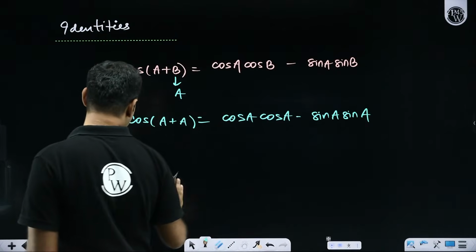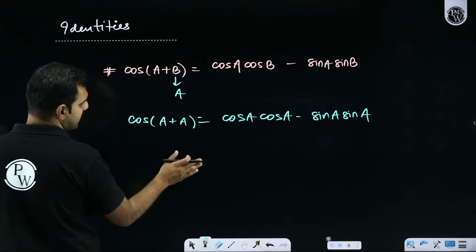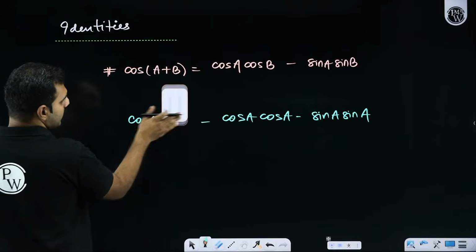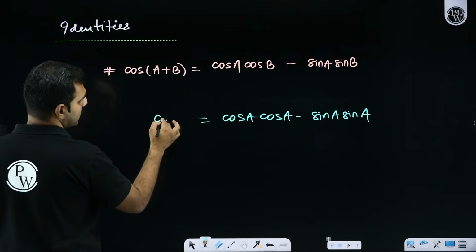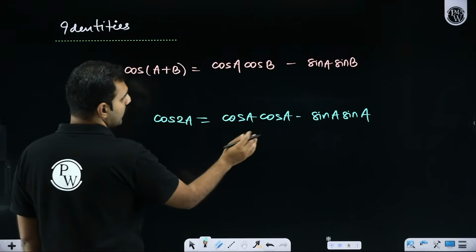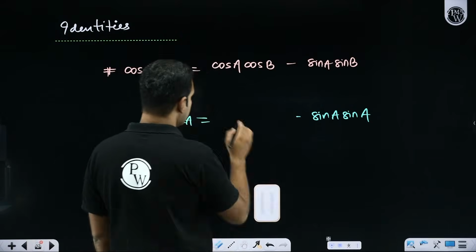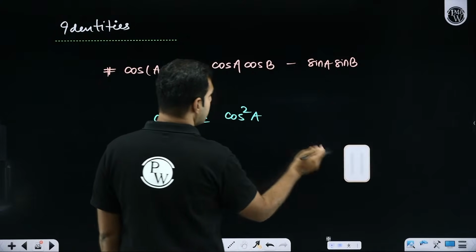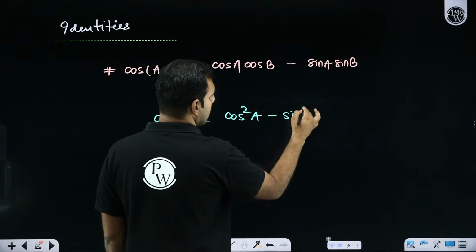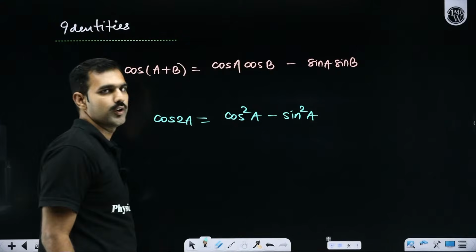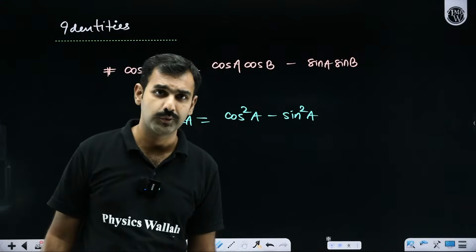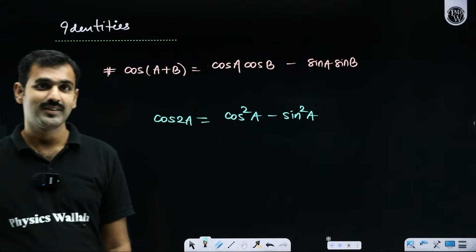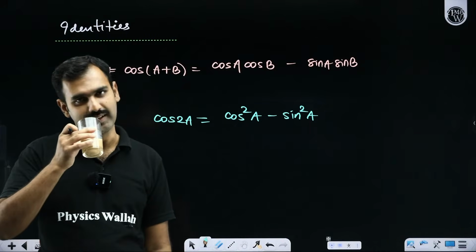So I hope you do agree that, sir, cos(a plus a) is clearly cos 2a. Cos a can be written as cos squared a. Sin a can be written as sin squared a. So one more identity added to your beautiful life. Absolutely, Vijay. Cos 2a is cos squared a minus sin squared a.